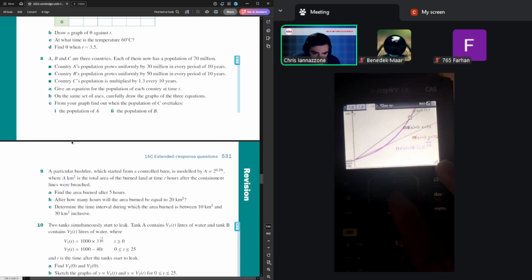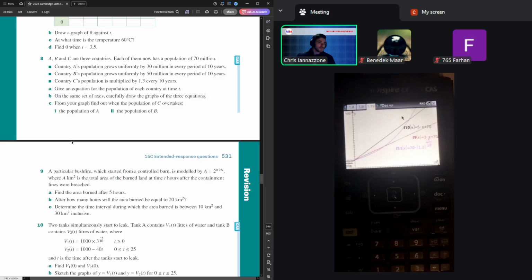It needs the time to actually achieve it. In fact, that's what question C is asking us. Find the time at which population C is overtaking the populations of A and B.